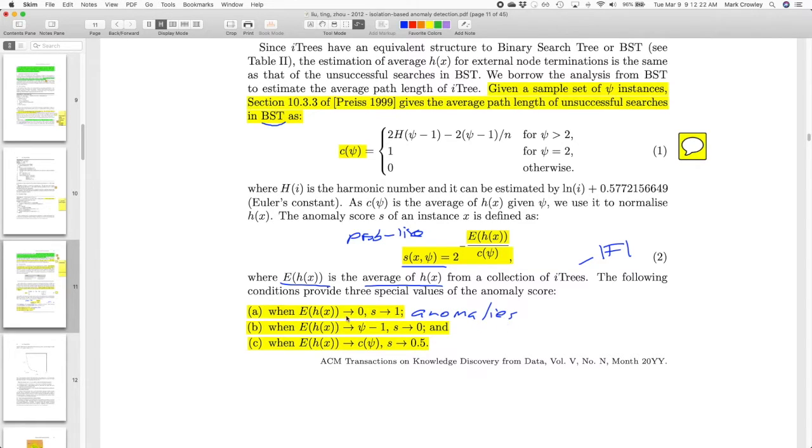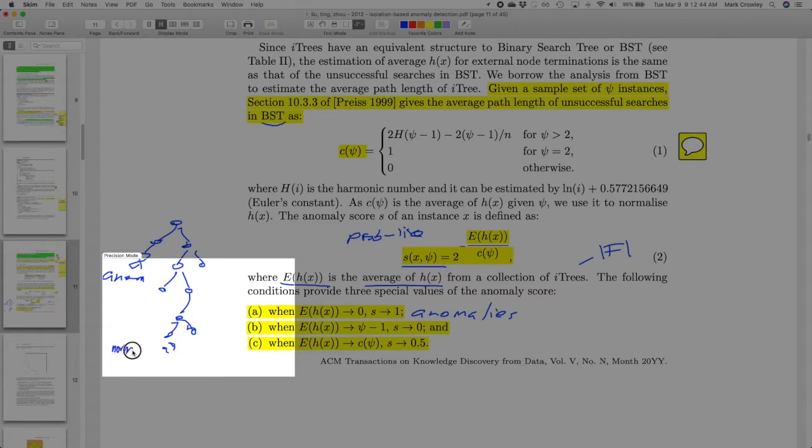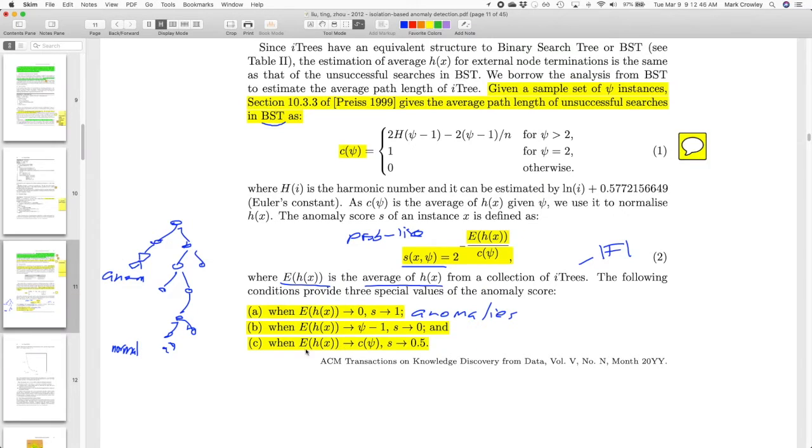Because the depth, as I said before, if the depth is low, your data point is here, versus you're going down very far into the tree, then you're saying these points are anomalies and these ones are more normal, right?